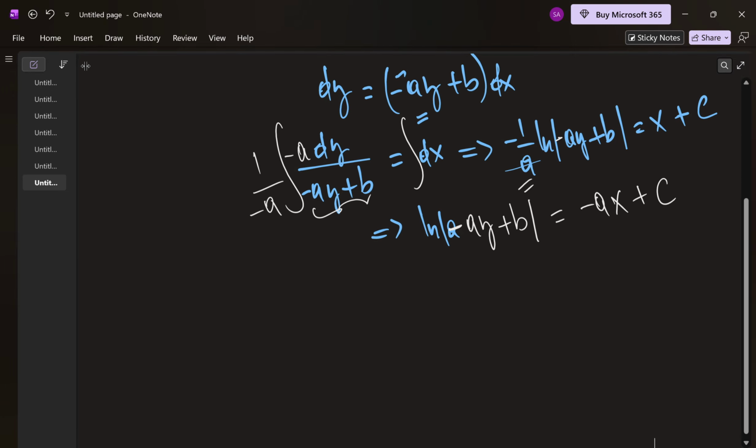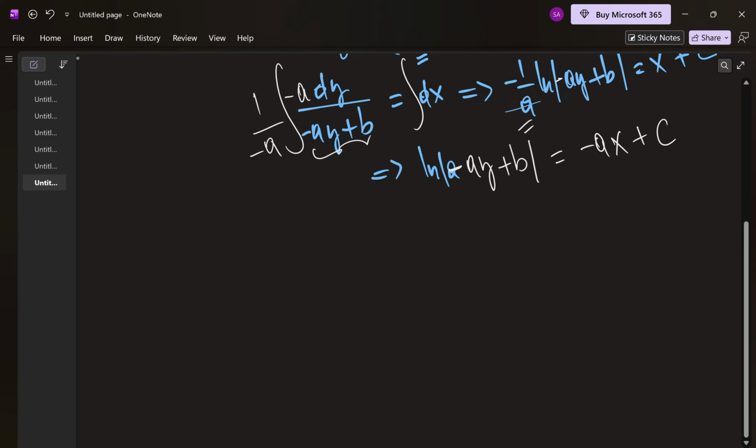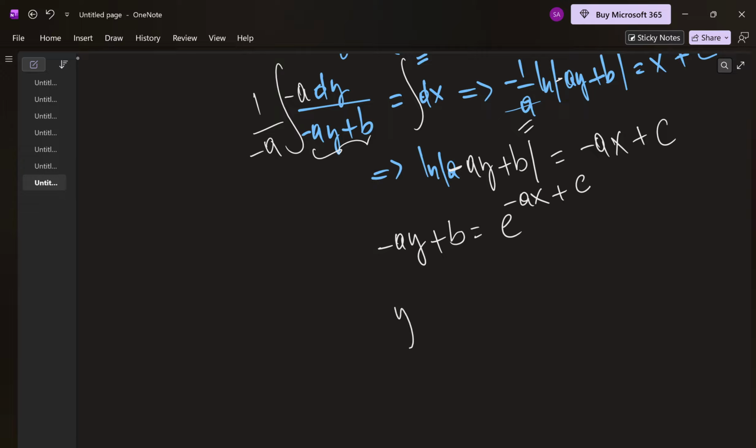When you take the exponential on both sides, you will get that minus a y plus b is equal to exponential of minus a x plus a constant c, and now you solve for y, so you will get y is equal to minus 1 over a times exponential of minus ax plus c minus b here, and this is the final solution.